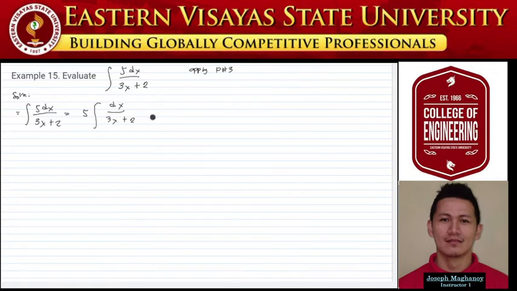So it's in place, so we can determine our value of correction factor by letting u equal to 3x plus 2.